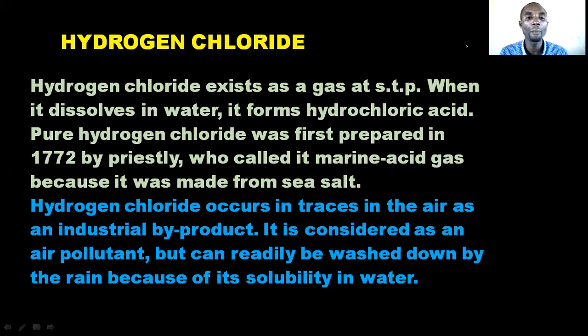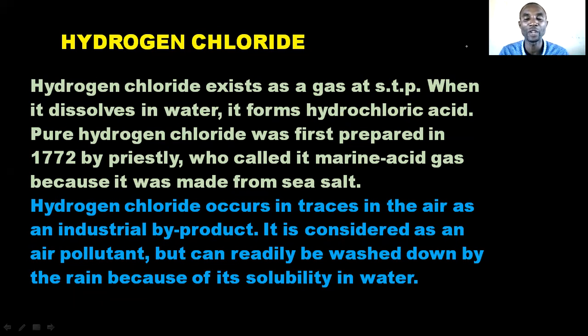Okay, now compounds of halogens, one of them is hydrogen chloride. We are going to look at this intensively as one of the compounds of halogen and discuss the properties and other things that have to do with it. So hydrogen chloride exists as a gas at STP.